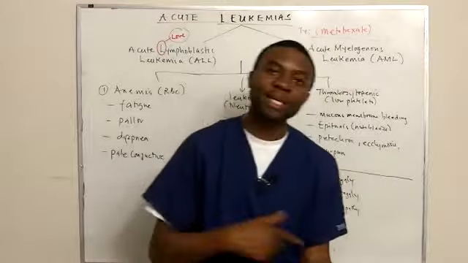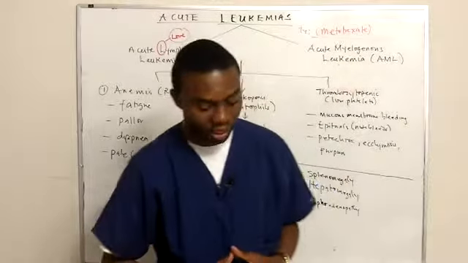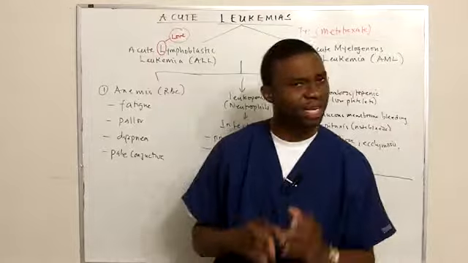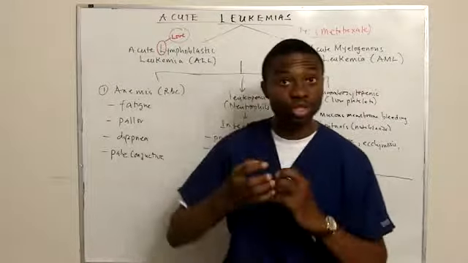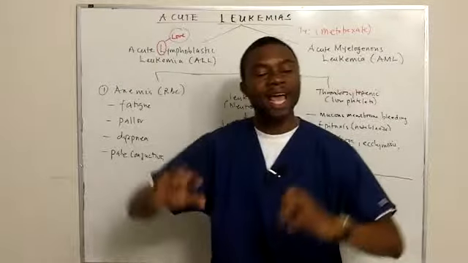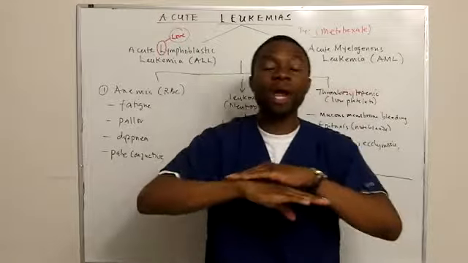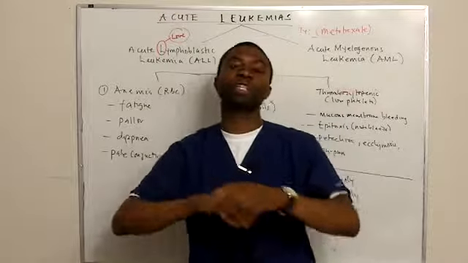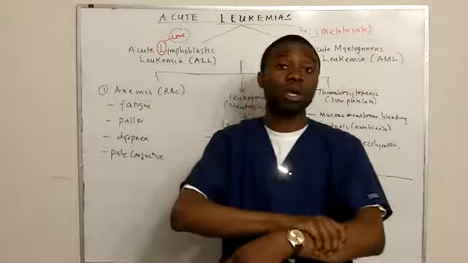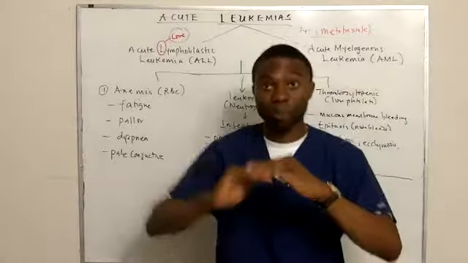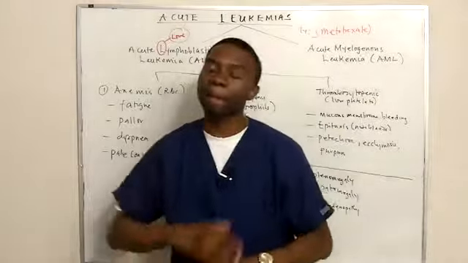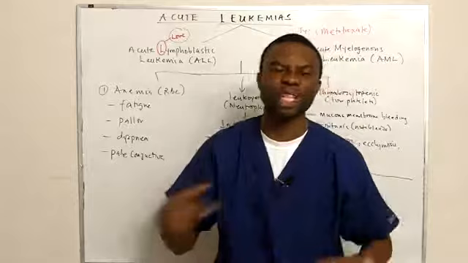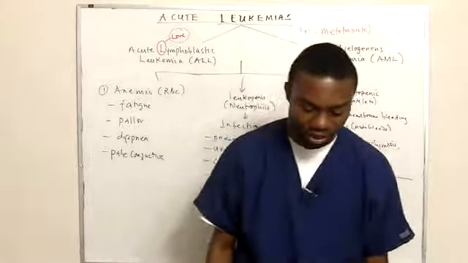Because the bone is being affected, these patients are going to develop a lot of bone pain. And the reason is because as the cancerous cells start to spread, they infiltrate the periosteum, which is the covering around your bone. Once they infiltrate that and start to peel it up, they're going to start to develop a massive amount of bone and joint pain.